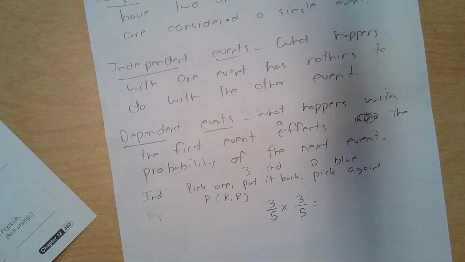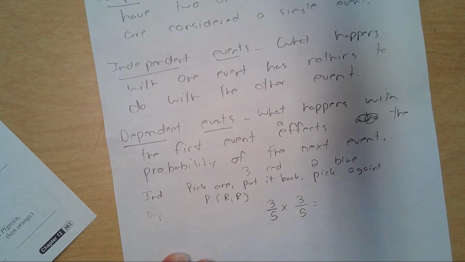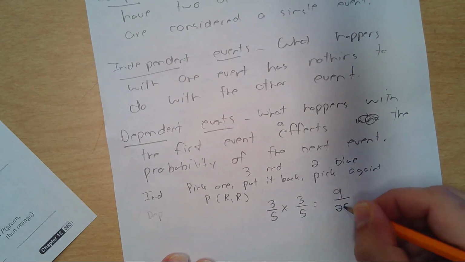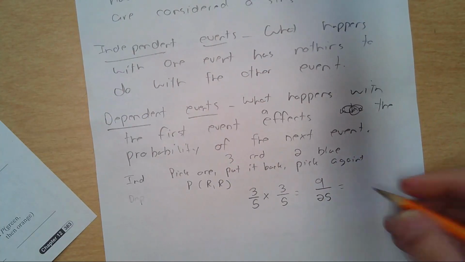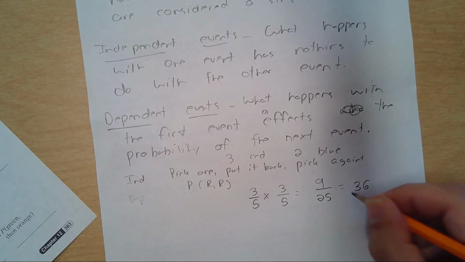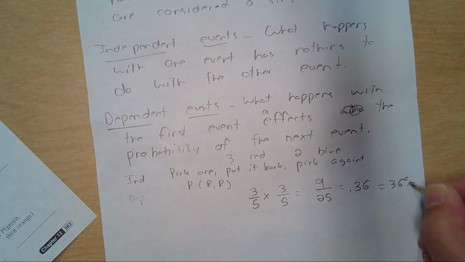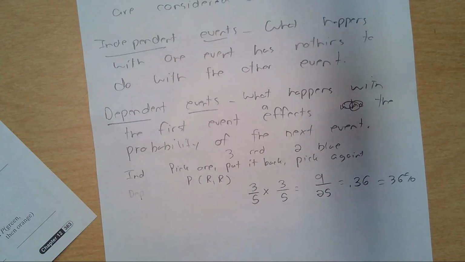So then if I multiply those together, I can't cross simplify anything. 9 over 25. If I did it as a decimal or percent, it'd be 0.36, or I have a 36% chance of pulling a red marble, throwing it back in the bag, shaking it around, and pulling another red marble out here. There's the probability.